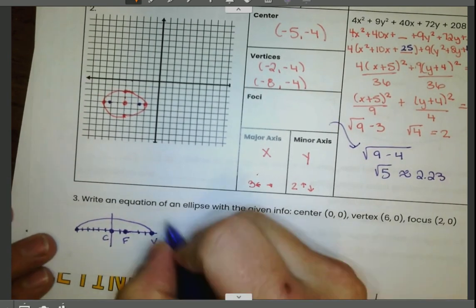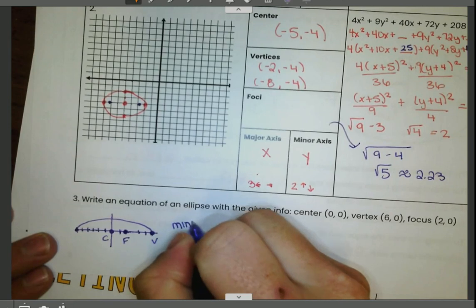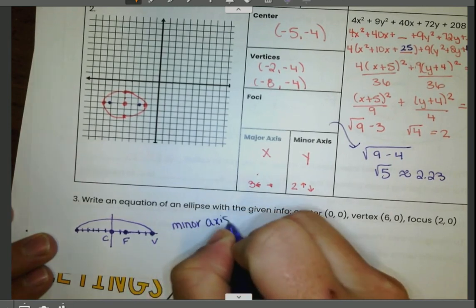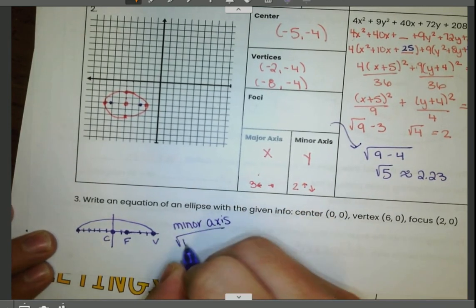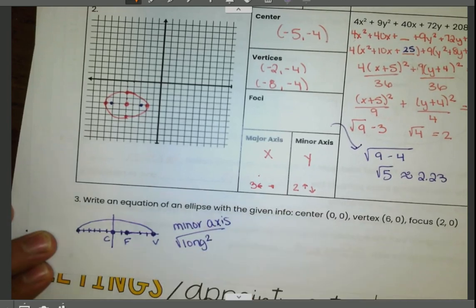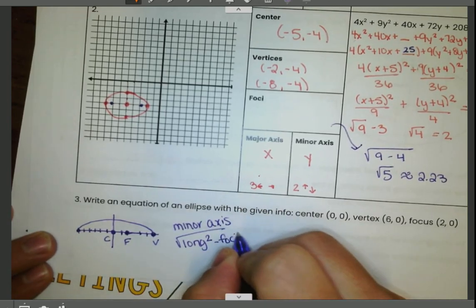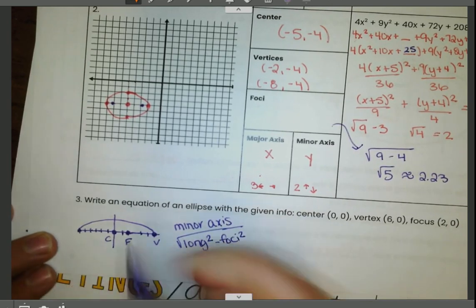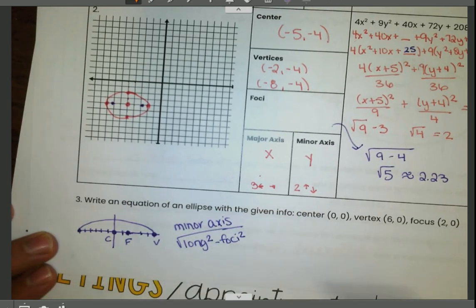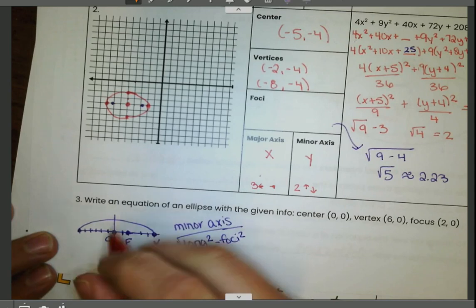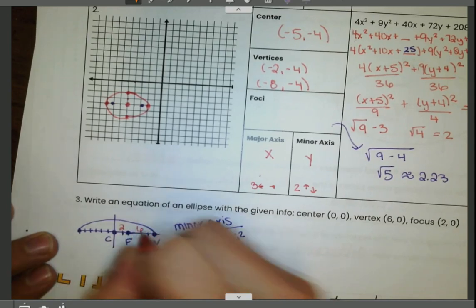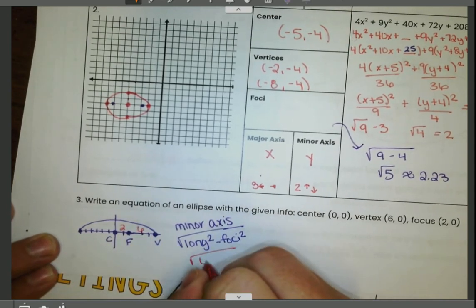So when you want to figure out the minor axis, what we are going to do is the longer side squared, or the major axis, minus the foci squared length. So that is a length of 2 squared and 6 squared.